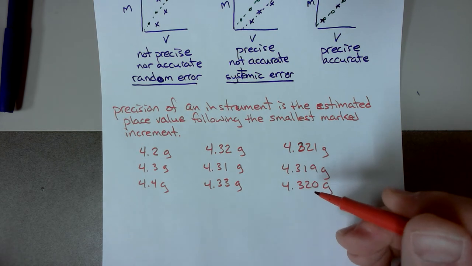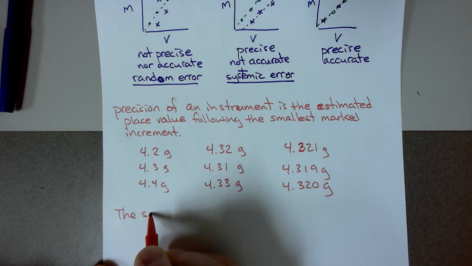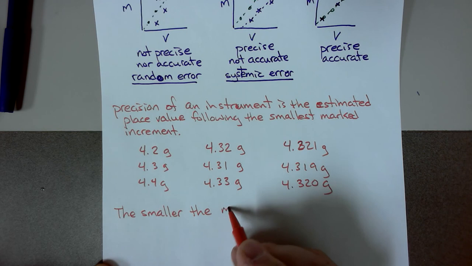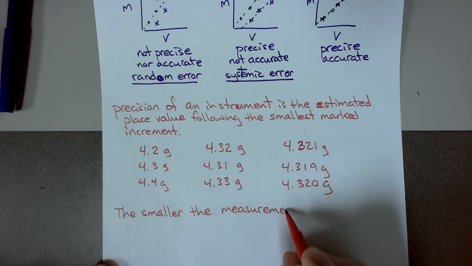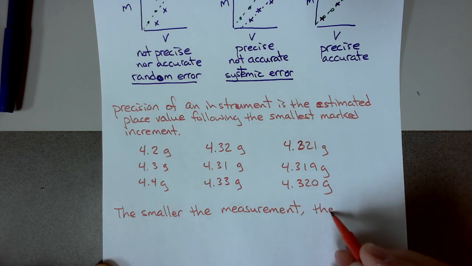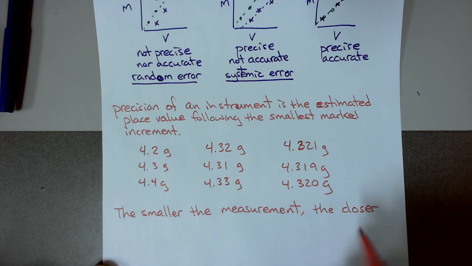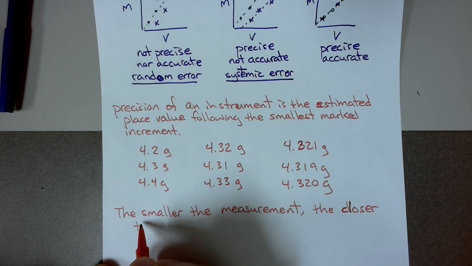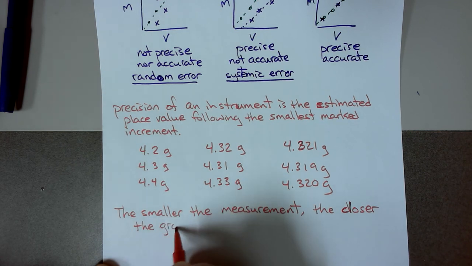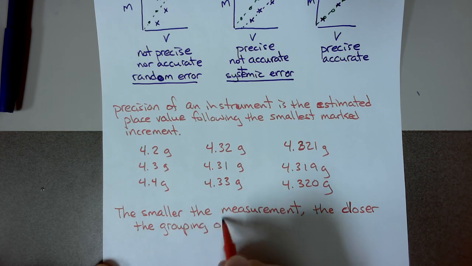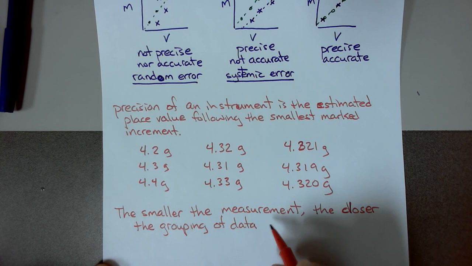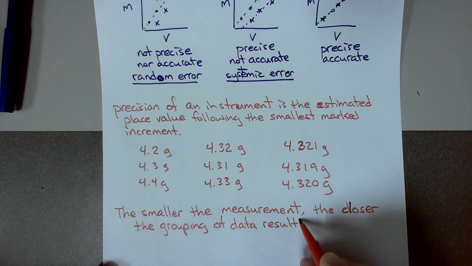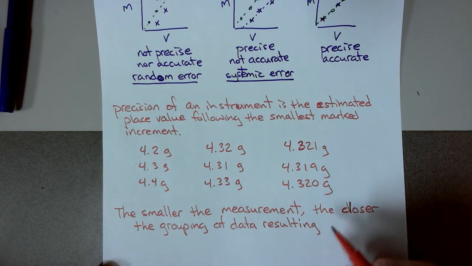So the smaller the measurement, the closer the grouping of data, resulting in more precision, in measurements that are more precise.